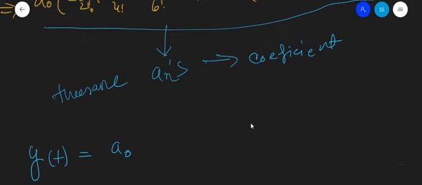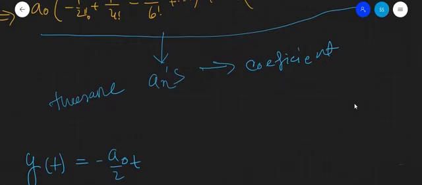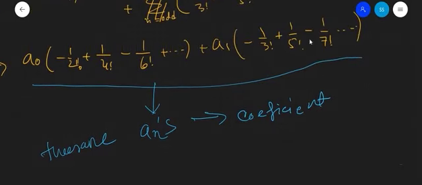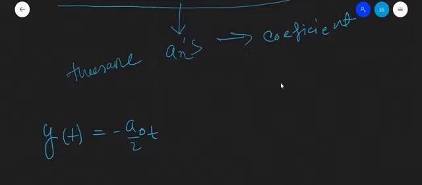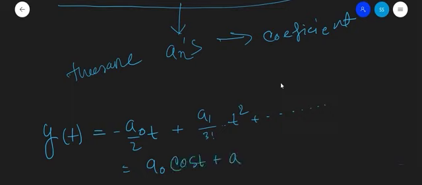Then for n equals 1, you'll have a1 over 3 factorial and all that, t squared, and so on. So finally you can factor them out: a0 times cos t, and a1 times sin t, something like this.